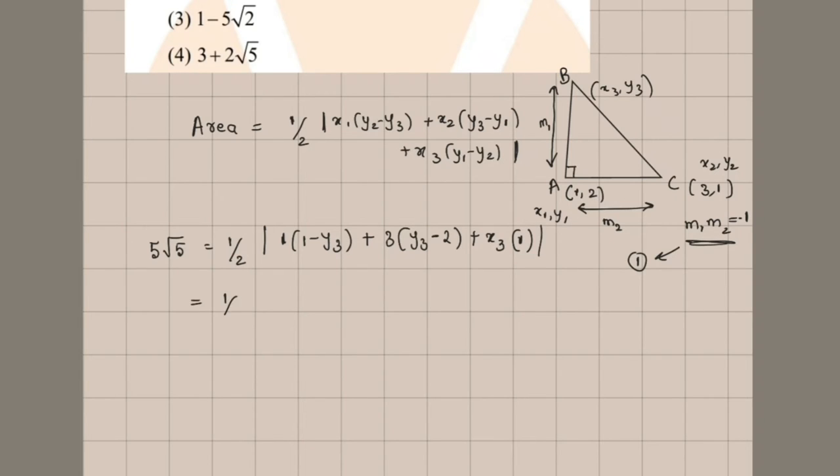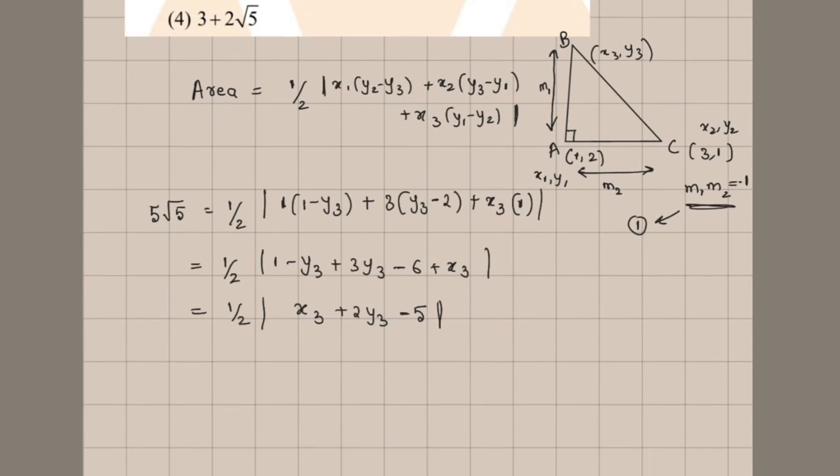This gives half into modulus of 1 minus y3 plus 3y3 minus 6 plus x3, which is half modulus of x3 plus 2y3 minus 5.